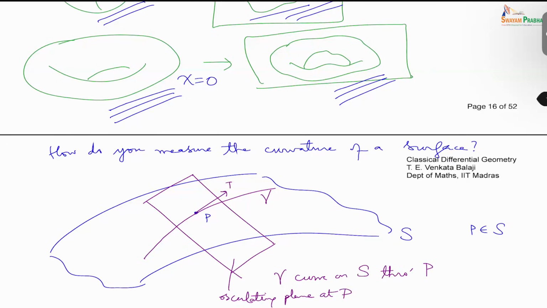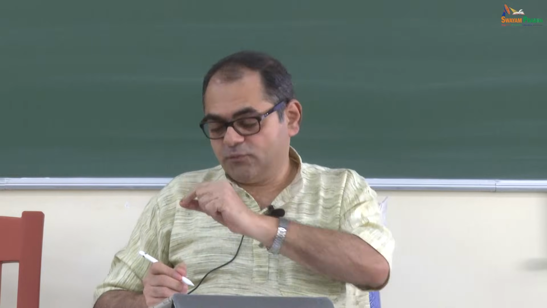And in this osculating plane you get a circle. Let me draw it like this. So I get a circle of curvature. The picture is complicated in the sense that had it been a plane curve, as you move the point on the curve, these circles will keep changing.